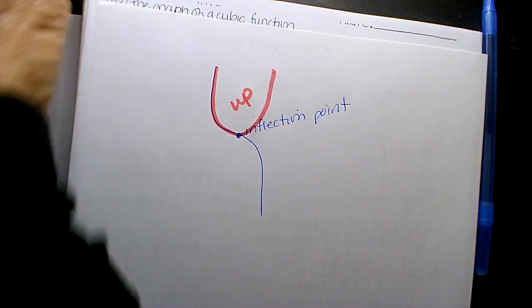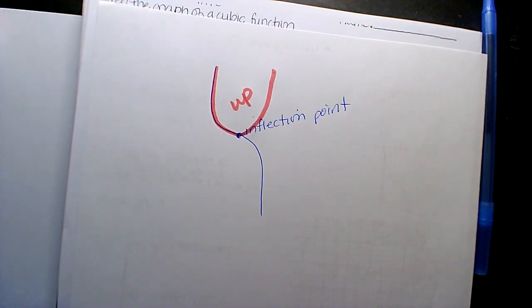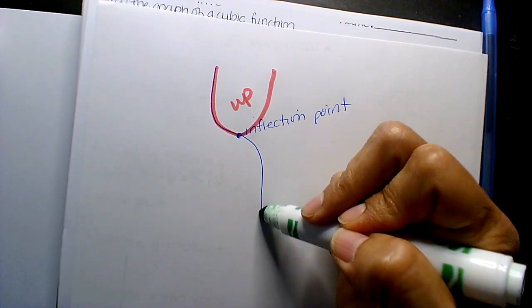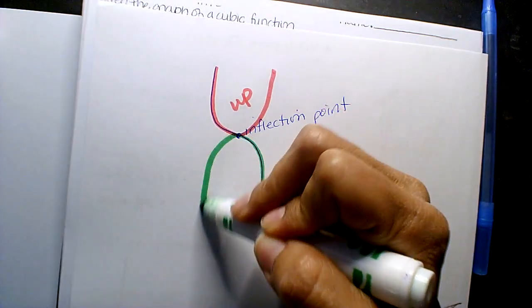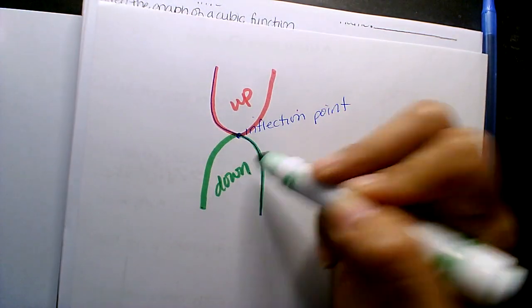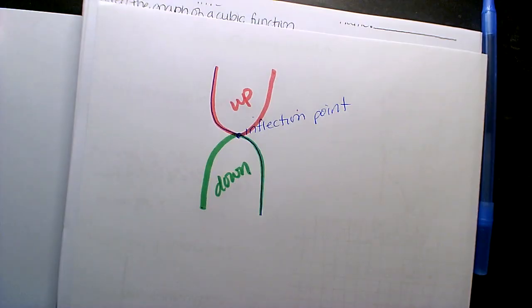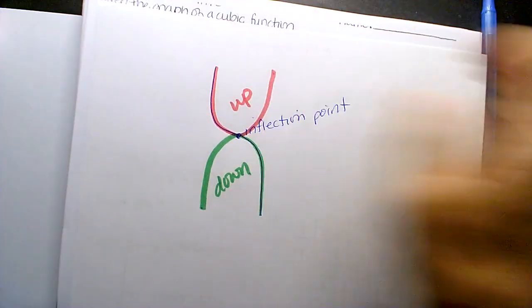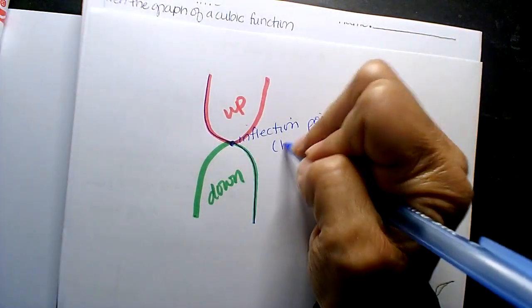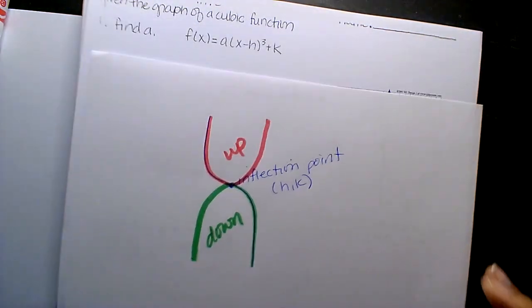And then this one, let's do a different color, this one would be concave down if I kept going. That's why it's called an inflection point, because that's the point where that concavity switches, like when you're thinking of parabolas or quadratics. Here, this is your inflection point, and they just call it HK.